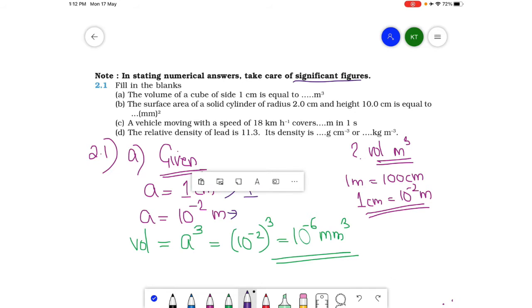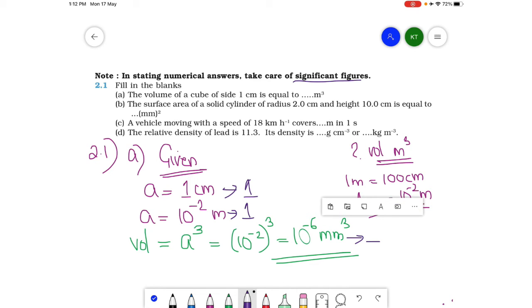This is also 1. So we know that when we convert from one unit to another, the number of significant figures should remain the same. So the final answer should also contain only one significant figure. Let's check here. What is the number of significant figures here? It is 1. So our final answer is correct.